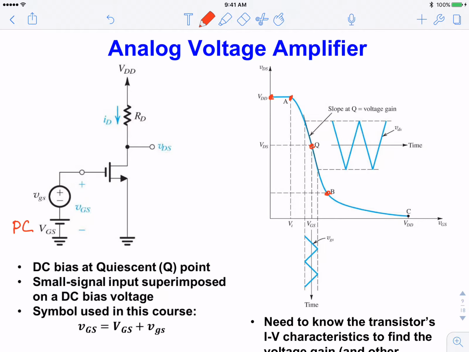So this produces a bias, and we will add our signal. Signal is usually AC, superimposed, meaning in series with the DC bias. And this output voltage, now instead of having a DC value, if we wiggle our voltage in terms of VGS, our VDS will have a corresponding change. So this is an amplifier.